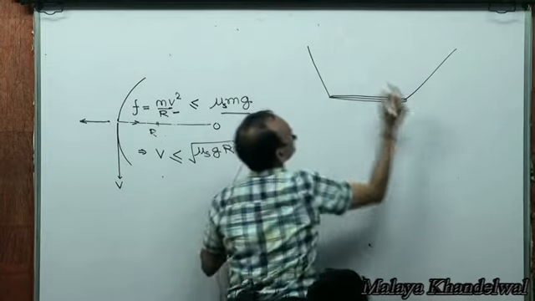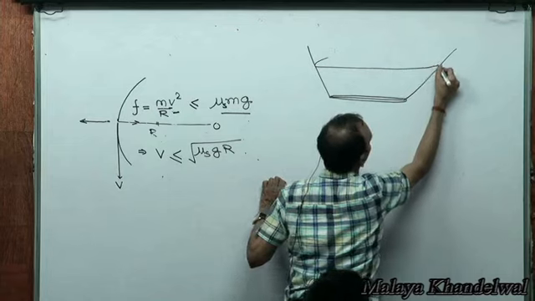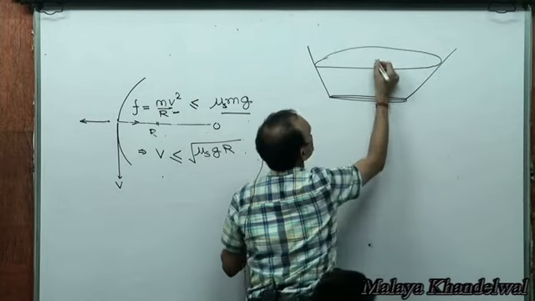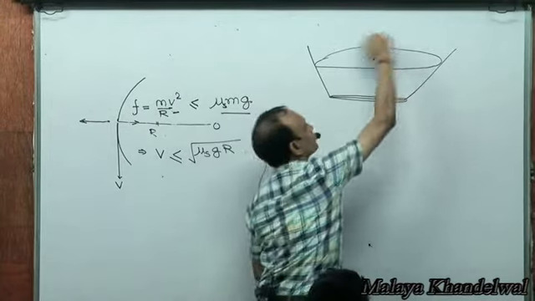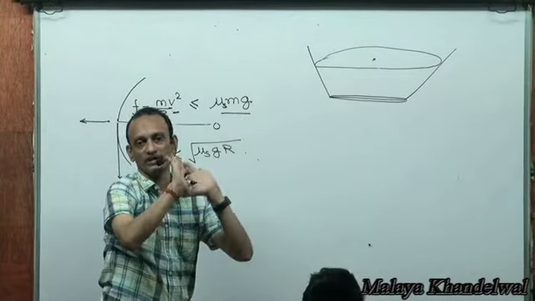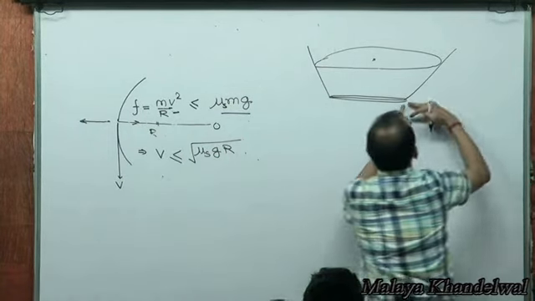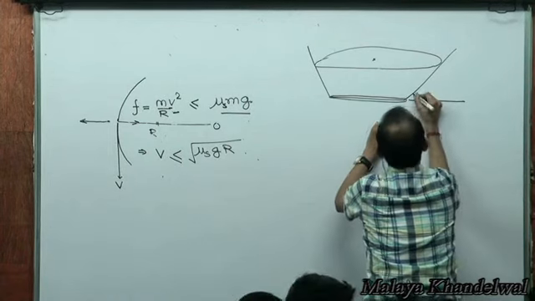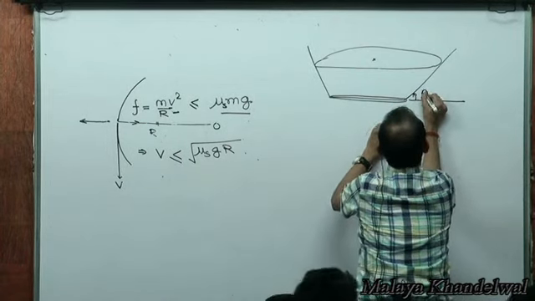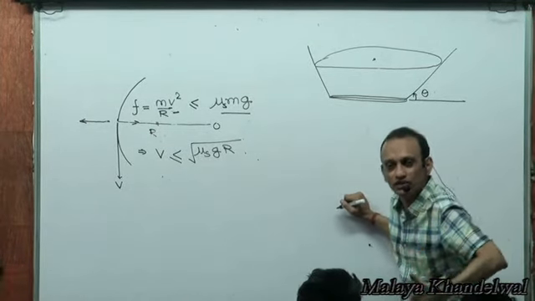This is my road, and this is like the circular trajectory you're trying to negotiate. And this road all over the place is like a frustum of a cone in a certain sense. And the road is not horizontal, it is raised at an angle theta. This is called banking of the road.